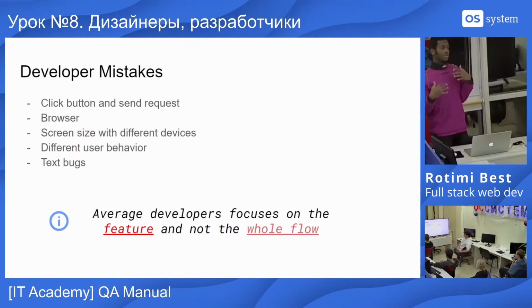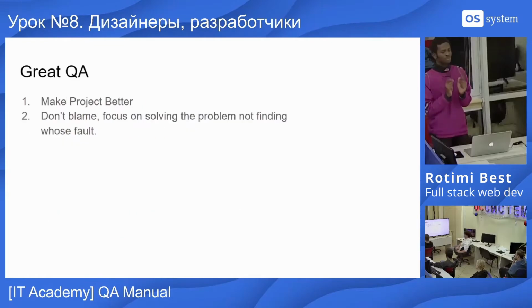I think every QA person should think your main goal should be making the project better, right? Every time you're testing a new feature, you're thinking about how can I make the project better.